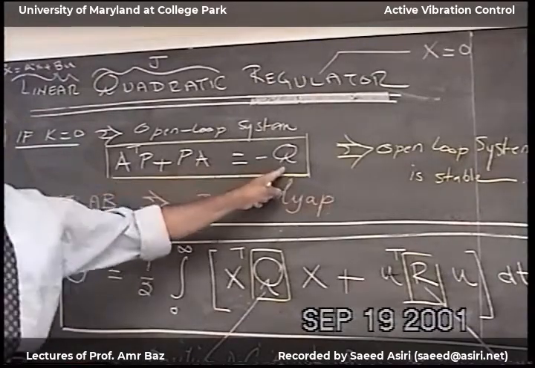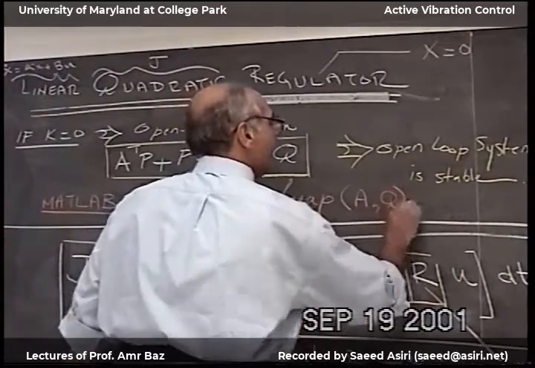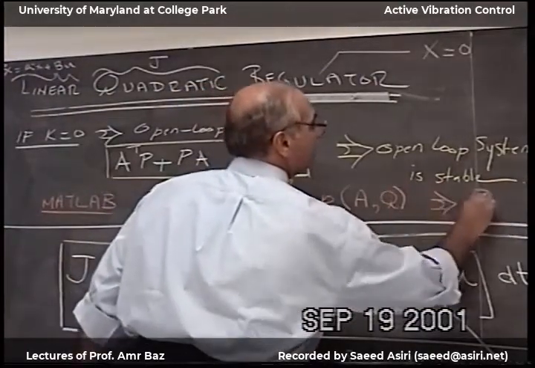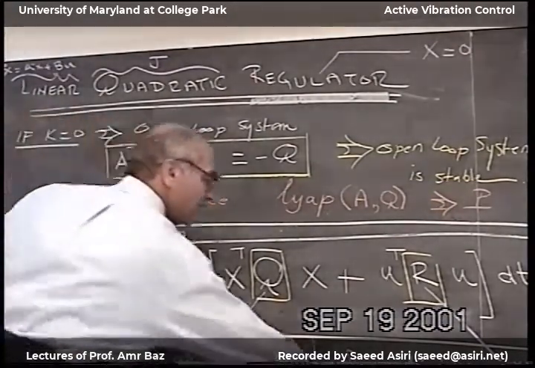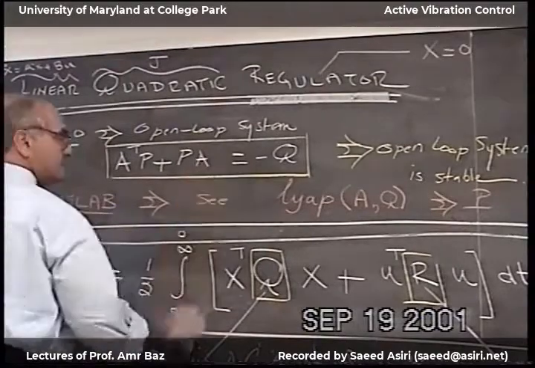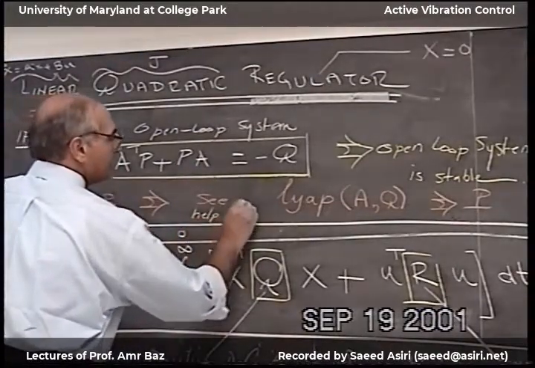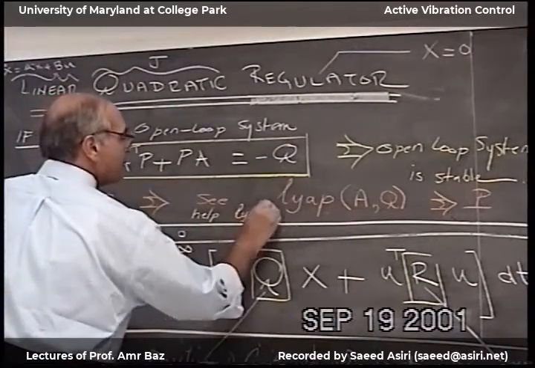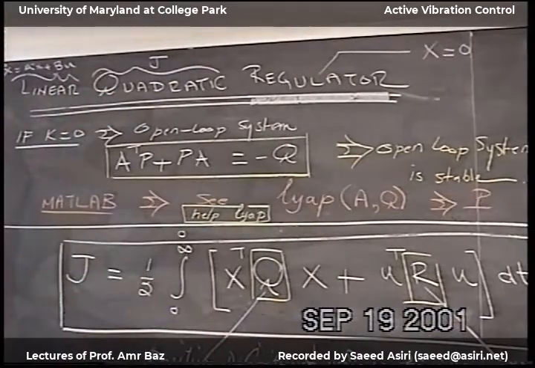You give A and Q, and then this will give me the solution of the Lyapunov equation, which is the P. So you just say help, so you get how to solve this equation.